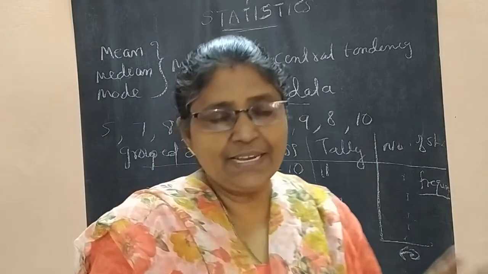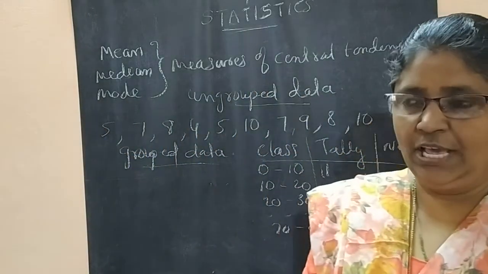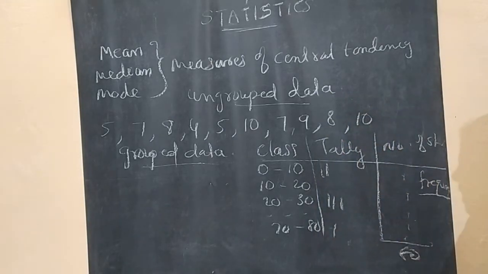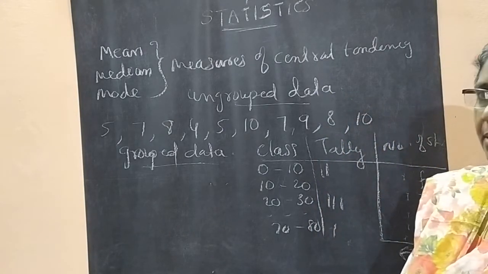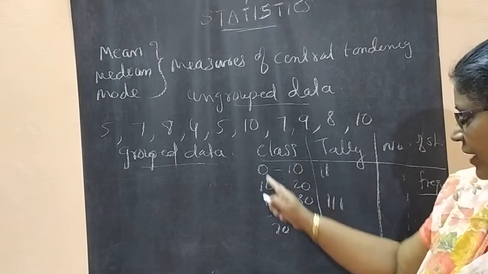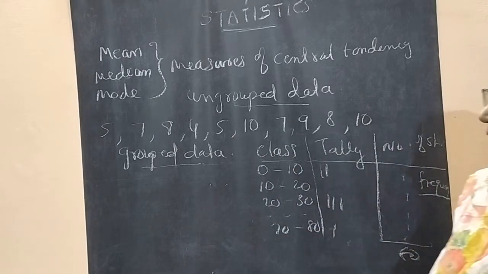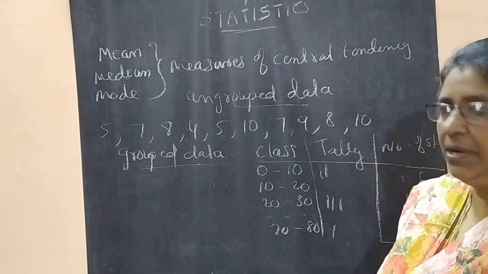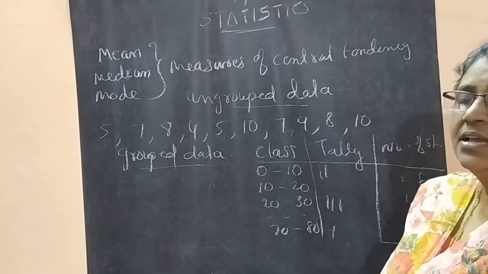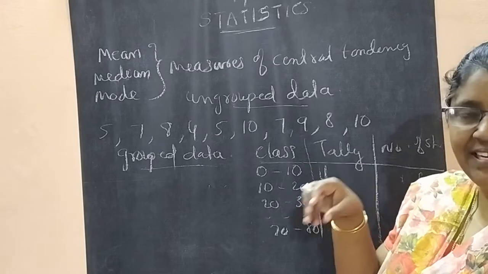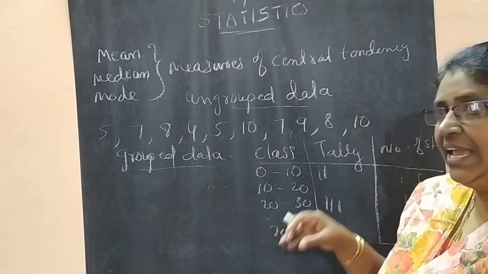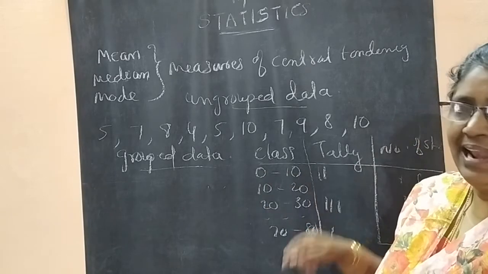Already you will get grouped data only. This type of arranging the data is called a frequency distribution table. Frequency means number of observations falling in a particular class.